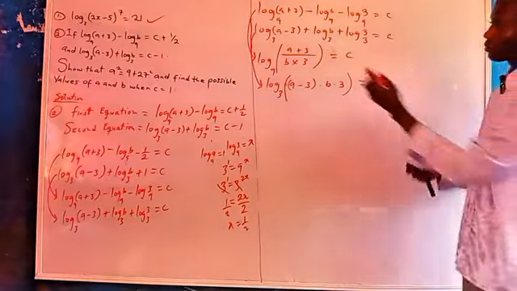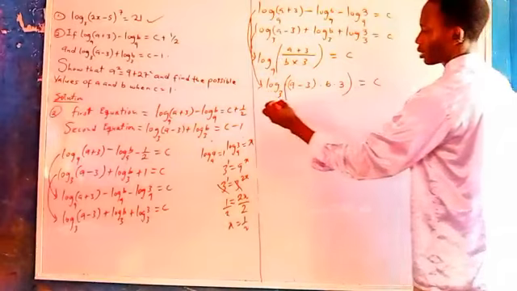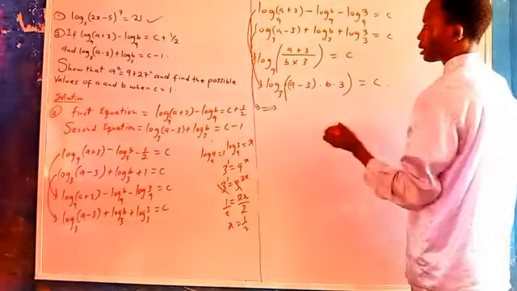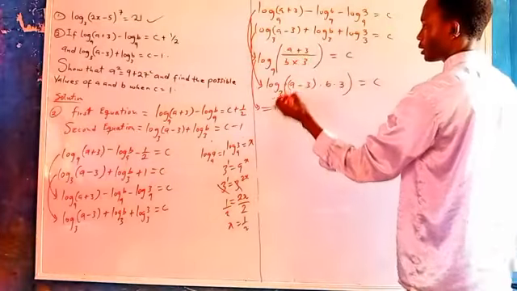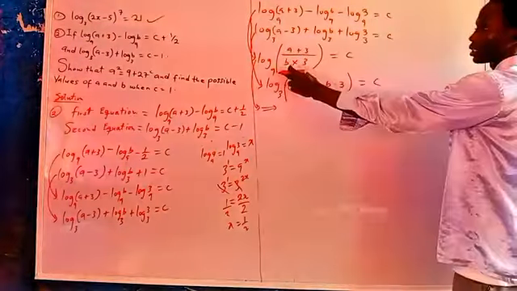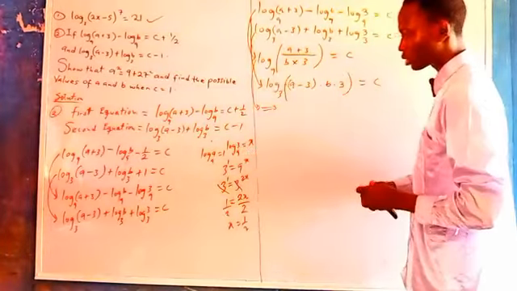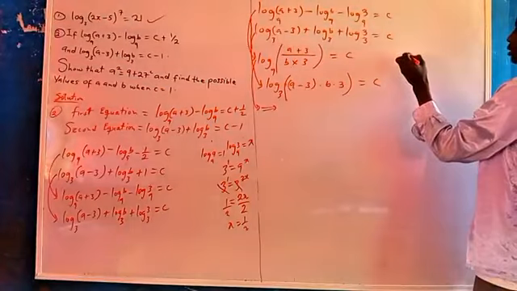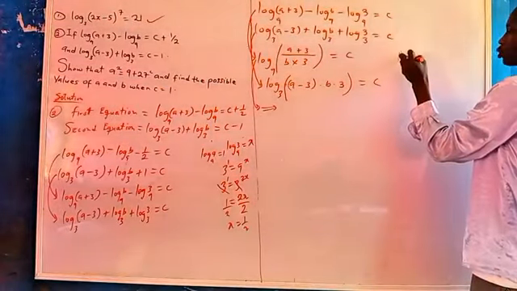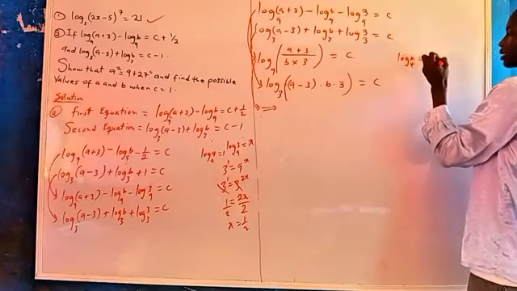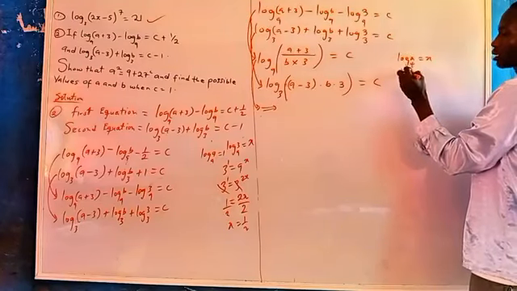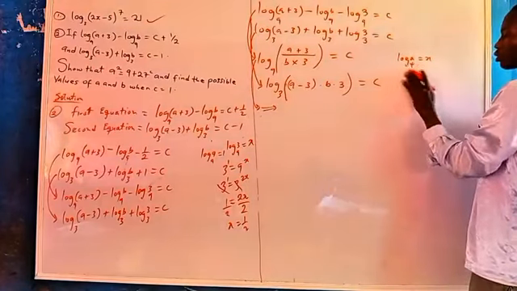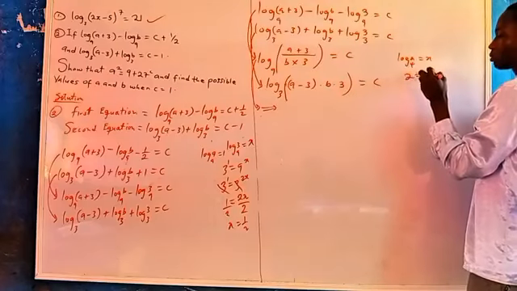Now let's move on. According to the law of logarithm, there is a concept I applied here. If you have, let's say, log of 2 base 4 equals x, this means 2 equals 4 to the power of x.